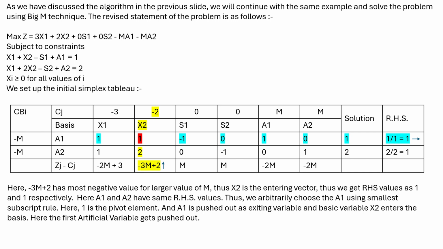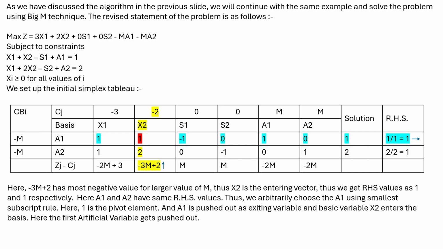I have highlighted all the entries of this pivot column in yellow color, and the variable entitled to this pivot column is also known as the entering variable. It enters the basis. Fine. Now, after having found this pivot column, we divide the entries in the solution by the corresponding entries in the pivot column, that is 1 by 1, which is equal to 1, to get the RHS.